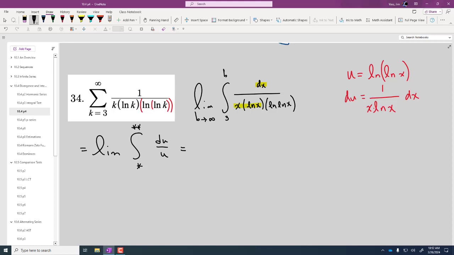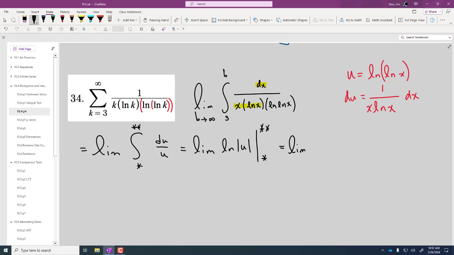So that integrates to ln of u. Now we already know u is positive, so we don't really have to put absolute value if we don't want to, but we'll just leave it for now. Put some placeholder limits of integration.